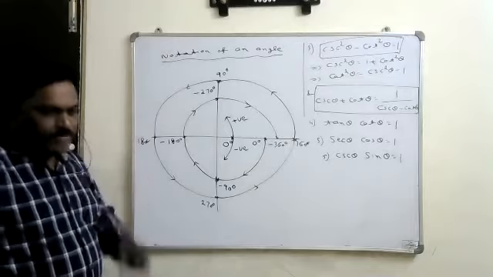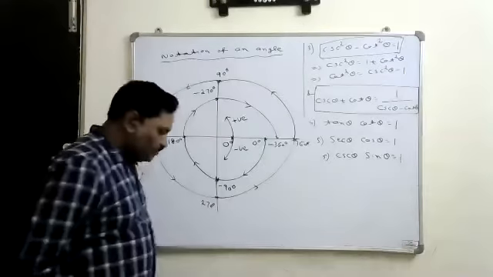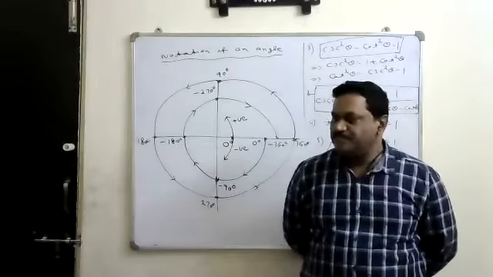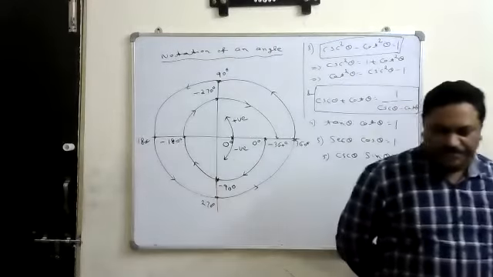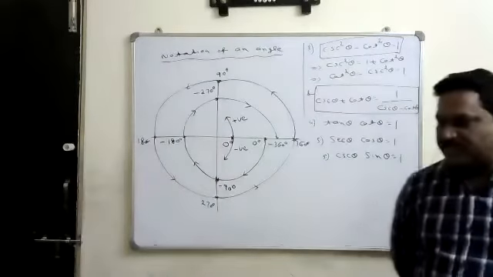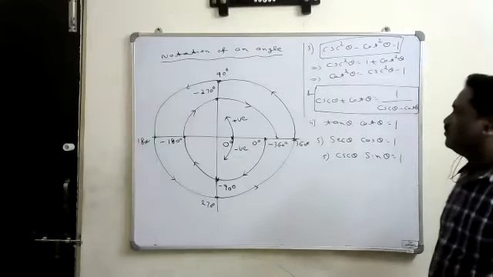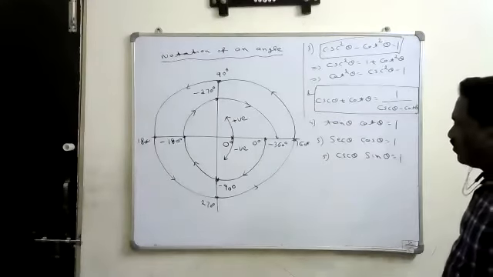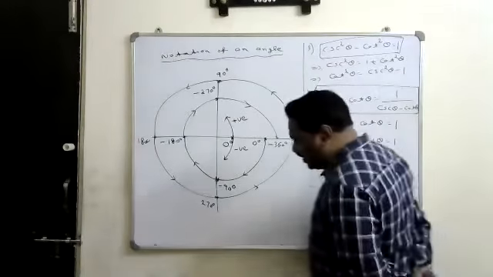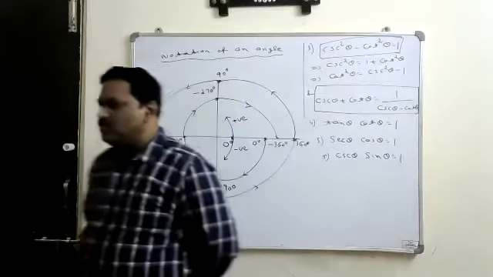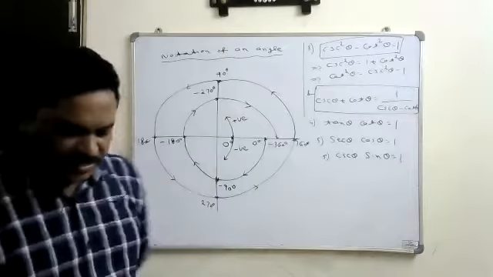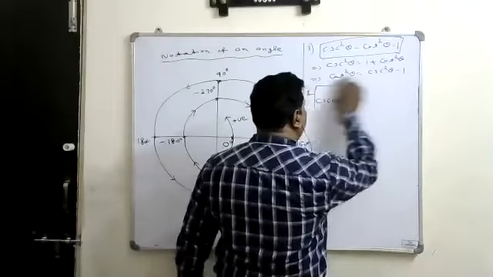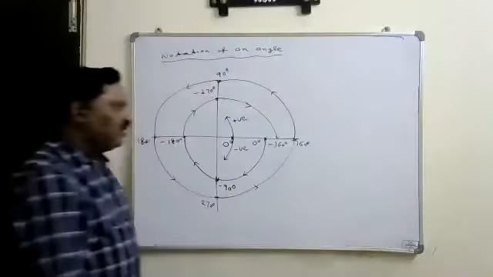And if the angles are measured in the clockwise sense, then these will be considered with a negative sign. Okay, have the diagram.